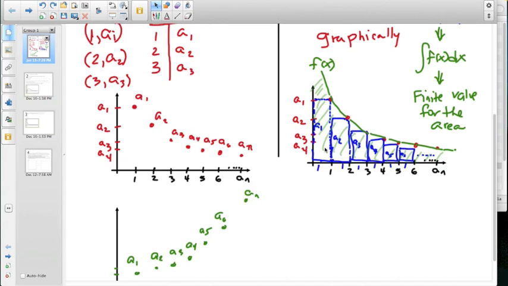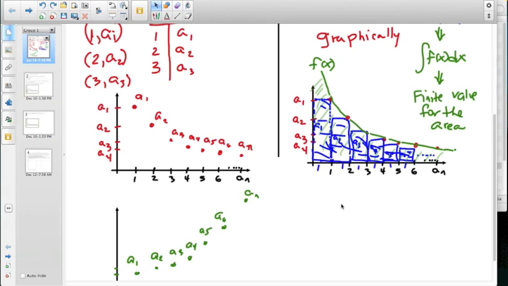If you notice the values that represent the terms of the sequence, all of these values underneath these rectangles, all of those values are smaller than the area of this curve.